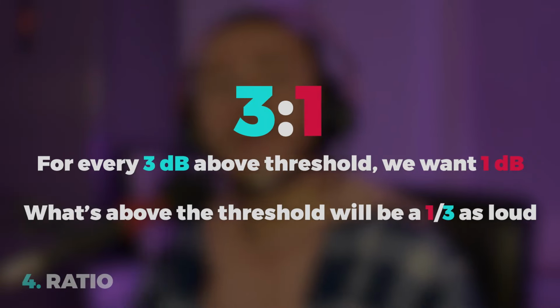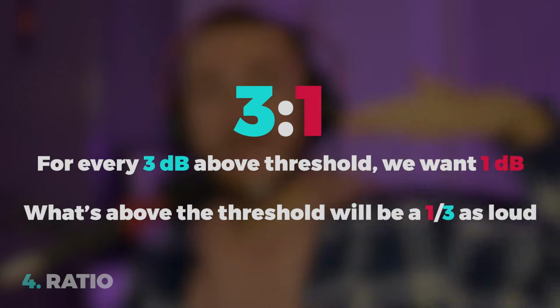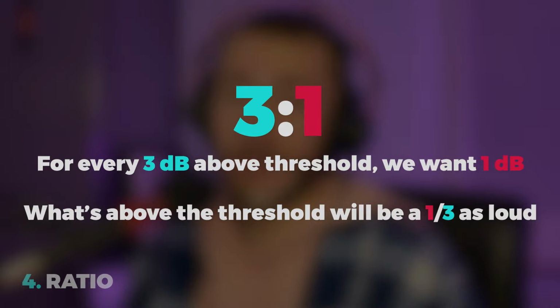Or an even easier way to think about it, what's above the threshold will be a third as loud as it is now. If your ratio is 6-to-1, then what's above the threshold will be a sixth as loud as it is now, and so on. Needless to say, the higher the ratio, the more evident it's going to be, because it's going to be just shaving volume left and right.